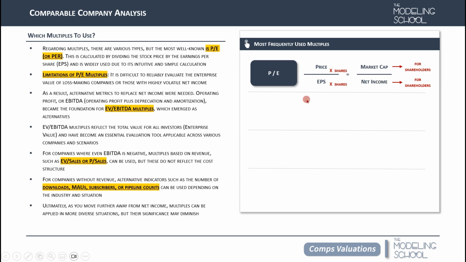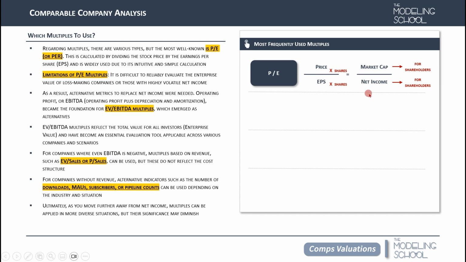But the PE multiple does have its clear limitations. Number one, what's going to happen if net income is negative? It's not only our target company, but also our peer groups that all have to have a positive net income if you want to use this ratio.